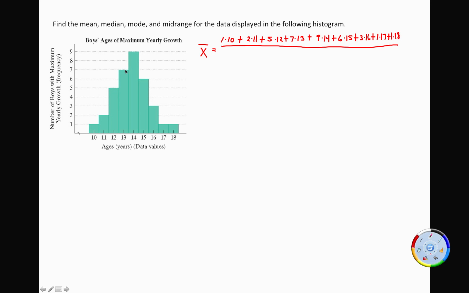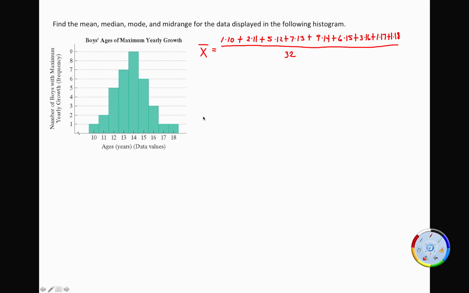Plus 7 more is 12 data items. Plus 9 is 21 data items. Plus 6 is 27 data items. Plus 3 is 30, 31, 32. So 32 boys. And I'm just going to, again, put that in my calculator.